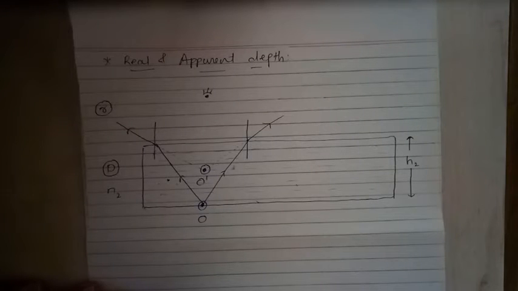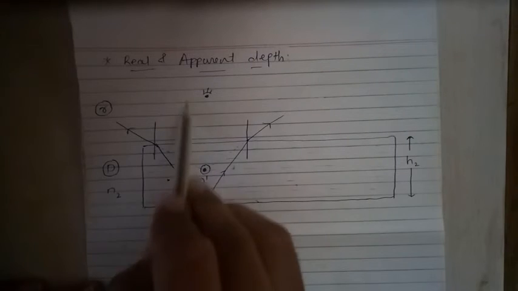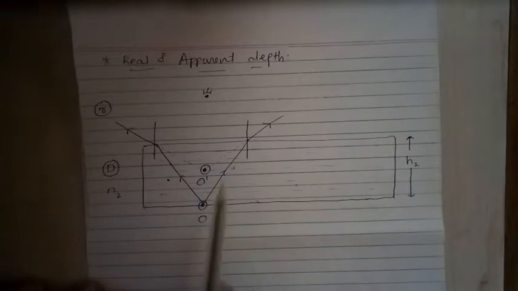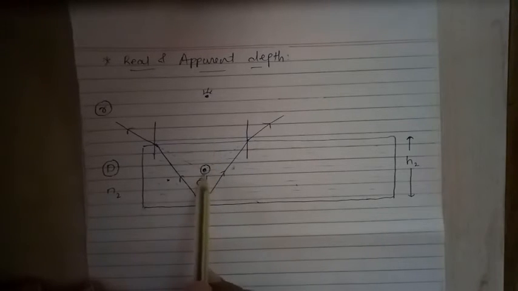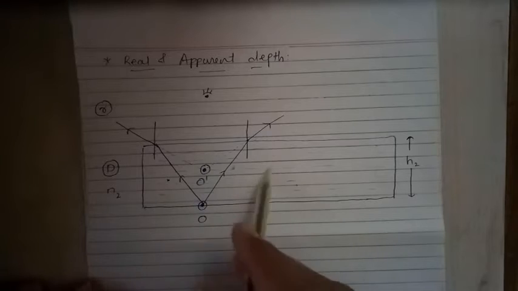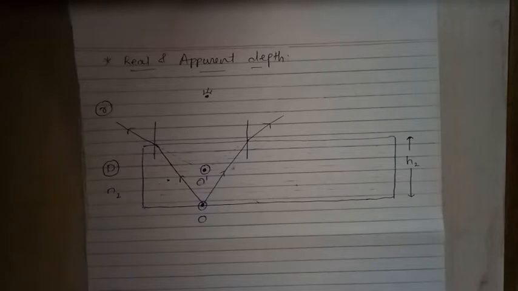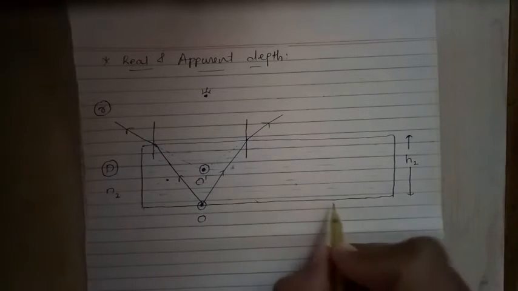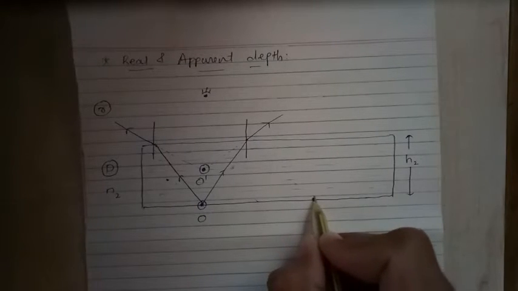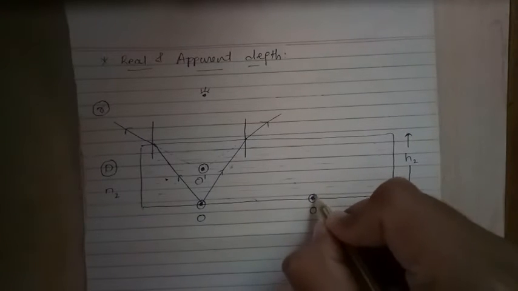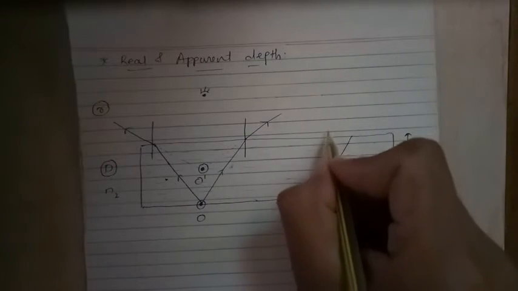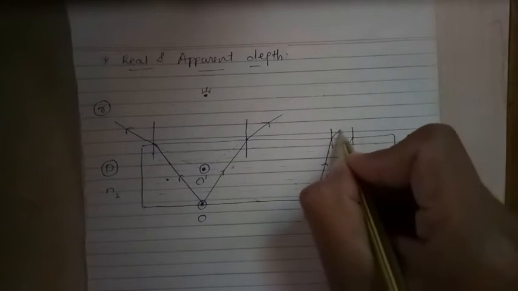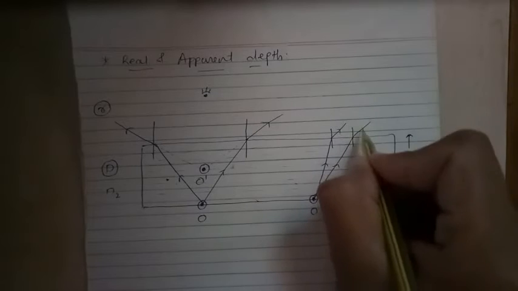So when the bottom is viewed normally, the bottom O is observed at point O dash instead of O. Now if we view at some angle like this, this is the bottom O. Here consider this is the first ray, this is the second ray, the normal, and the rays move away like this.